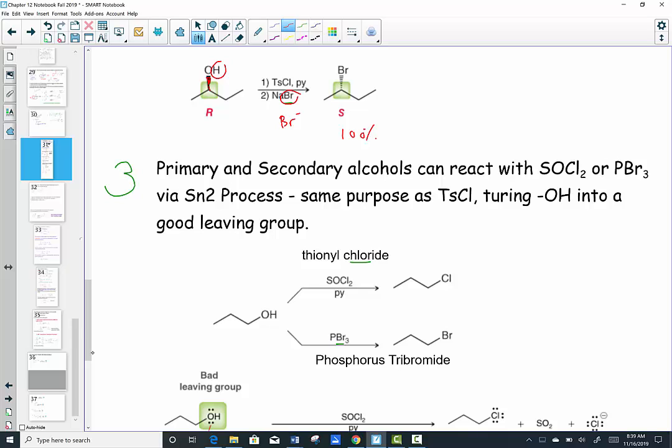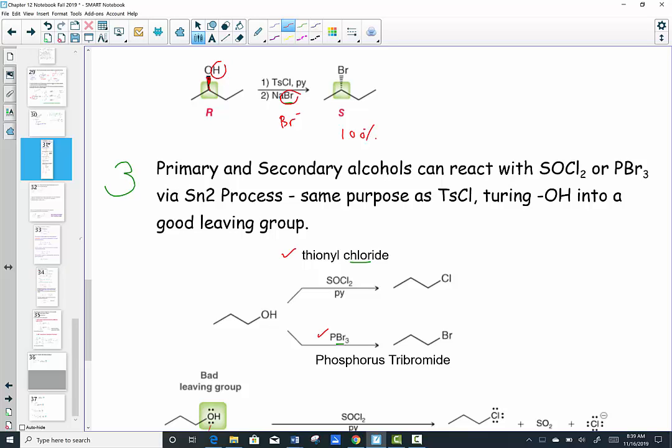We can also use primary and secondary alcohols to create halogen compounds by using SOCl2, called thionyl chloride, or phosphorus tribromide, and notice that's PBr3, phosphorus tribromide. And this is also via an SN2 process and really has the same outcome as a tosyl chloride compound, turning the OH into a better leaving group.